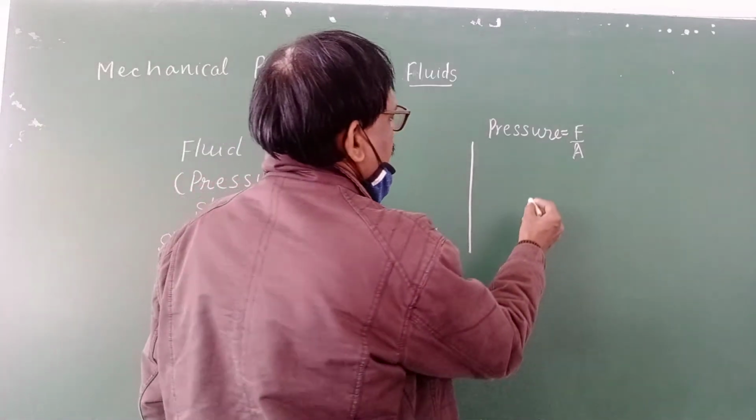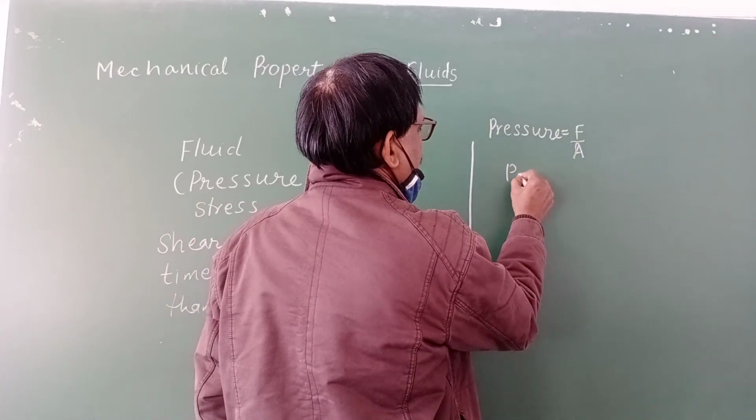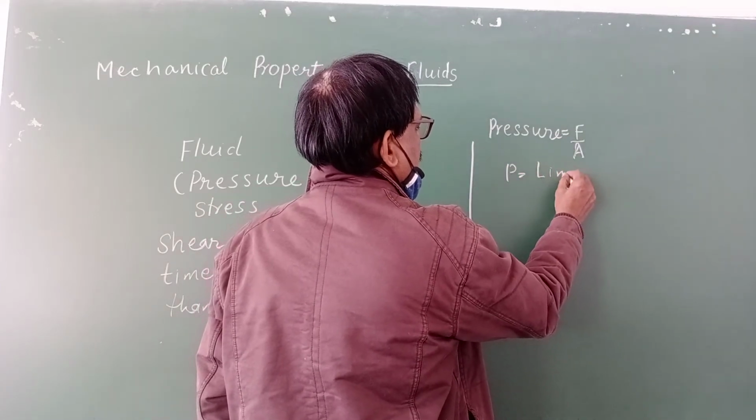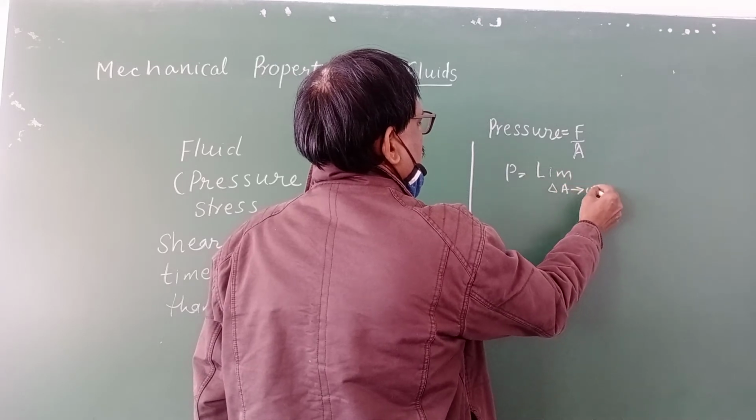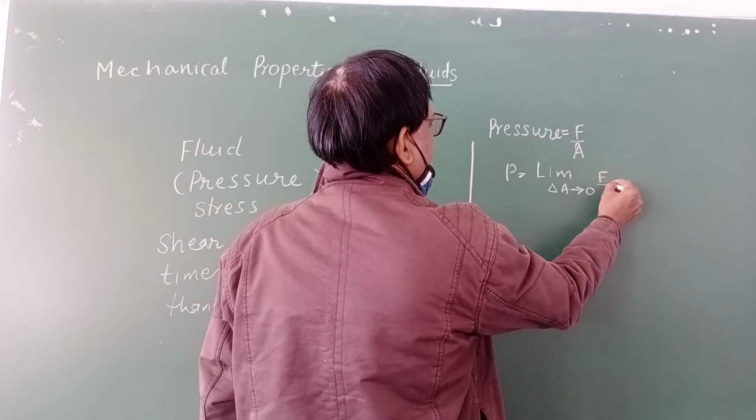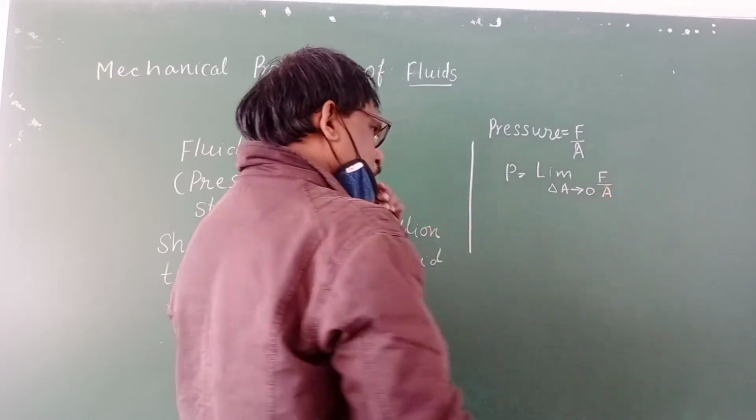We can say that pressure P equals the limit as delta A tends towards 0 of F upon A. This is the pressure.